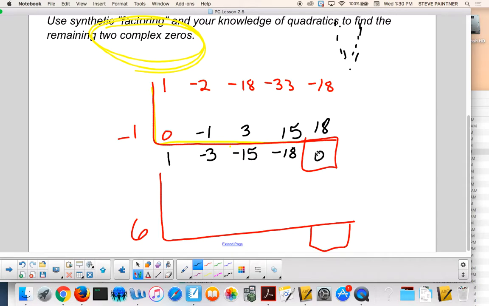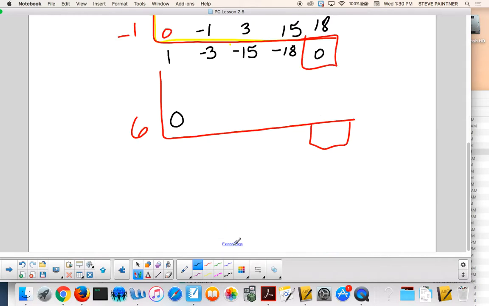I got a -1 to work. So I know -1 is for sure a zero. I got to try the 6. Put the 0 here. Bring down the 1.